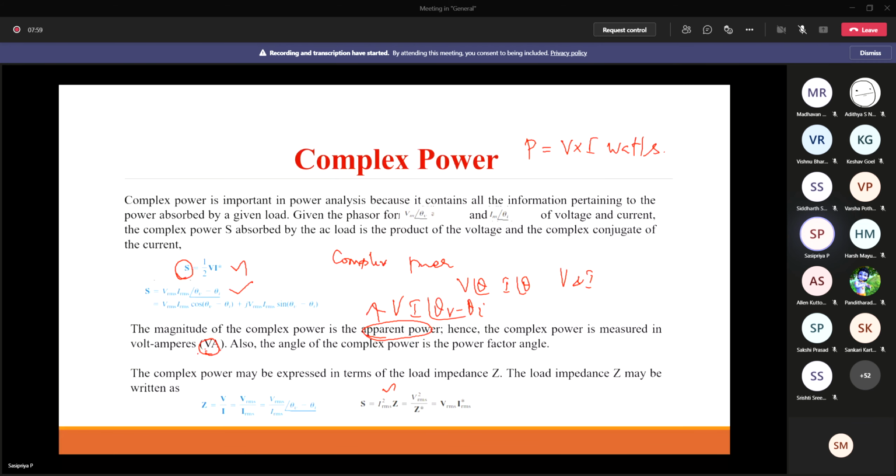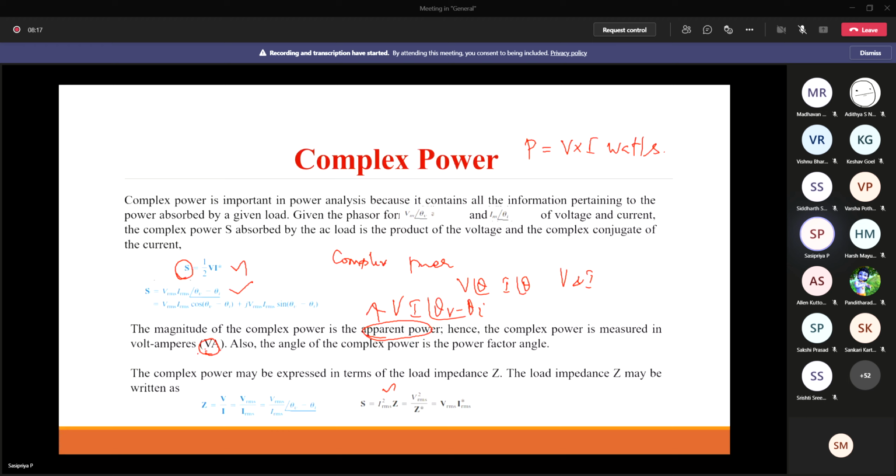Yes. So we started with the power in AC circuits. Since your voltage and current are alternating quantities, which vary with respect to time, the power will also be a varying quantity.